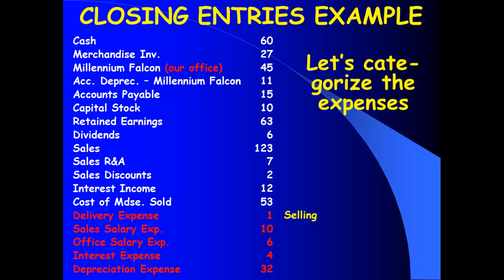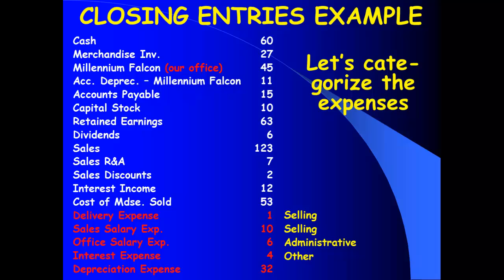Sales salary expense, is it selling, administrative, or other? Selling. Why is that? What was the key word in the account title? Sales. How about office salary expense, selling, administrative, or other? Administrative. What's the key word in that one? Office. Interest expense, is it selling, administrative, or other? Other.